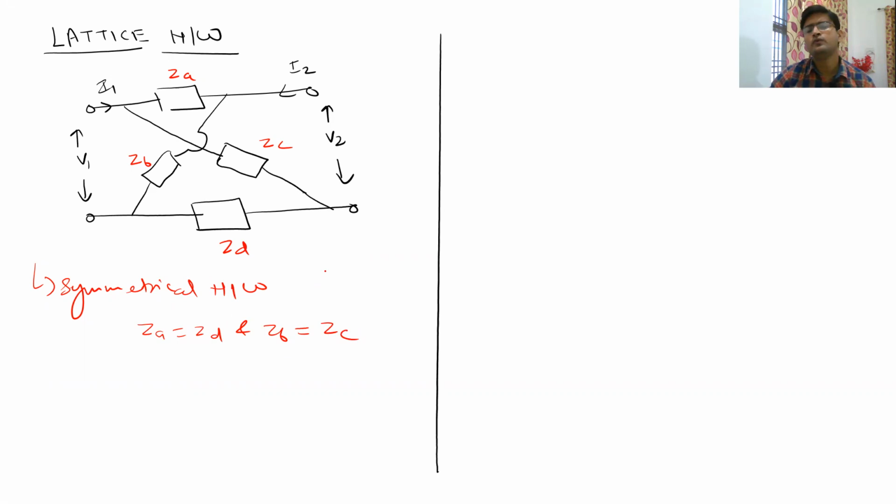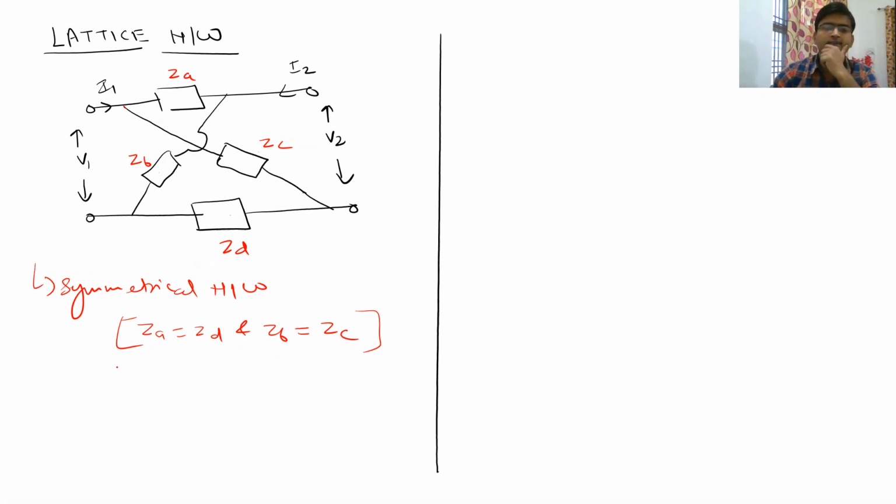So if you want to calculate the Z parameter equivalent of this particular network under this symmetrical condition, in order to calculate the KVL equations at the input, you have to first see that the summation of ZA and ZB will be equal to the summation of ZC and ZD, if this output section is open circuited, right?